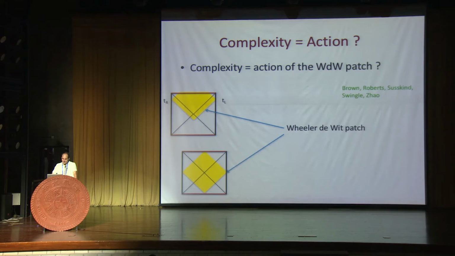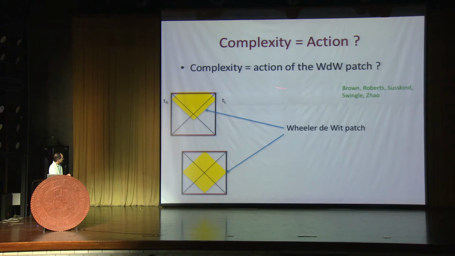Now, there's been an interesting conjecture saying that complexity is equal to the action. So imagine we are looking at, again, this configuration of the thermofield double, and we have two times, we are looking at the state at some two times here. Then we can consider these Wheeler-DeWitt patches, which are simply the region spanned by all spatial slices that end at these times on the boundary.